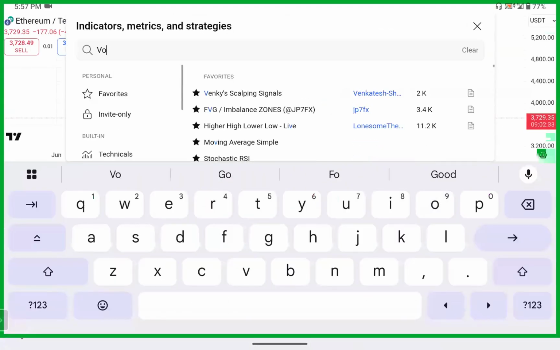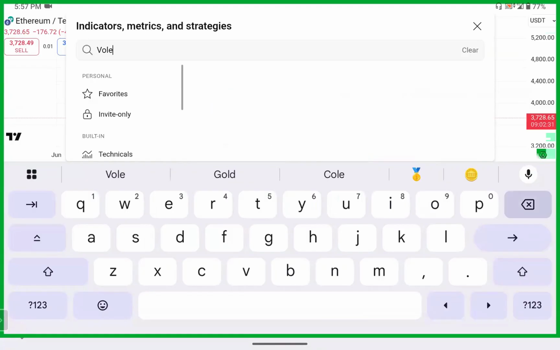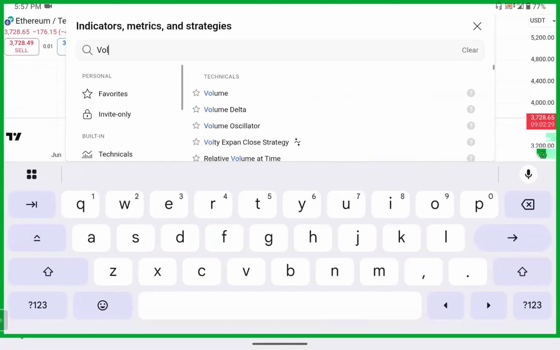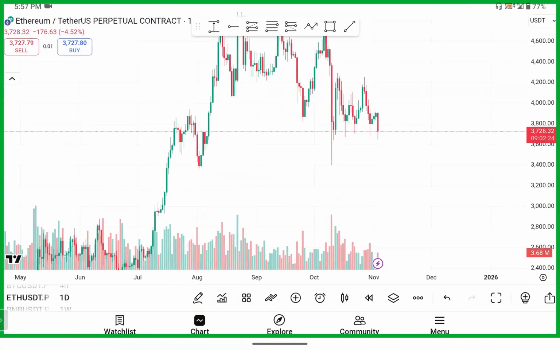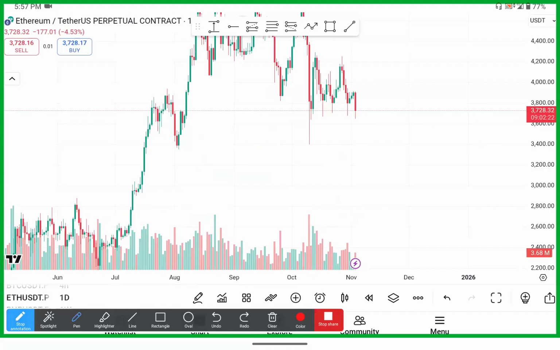This is the first thing you will see. I hope you are seeing this. Yes, so that is what comes along when you have just created your account. This is an indicator of volume.